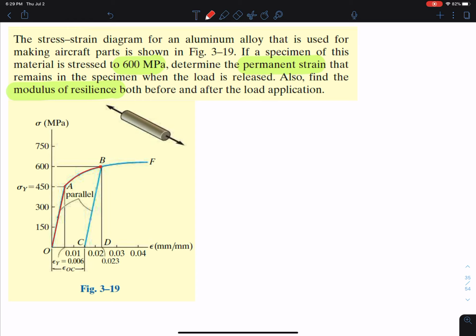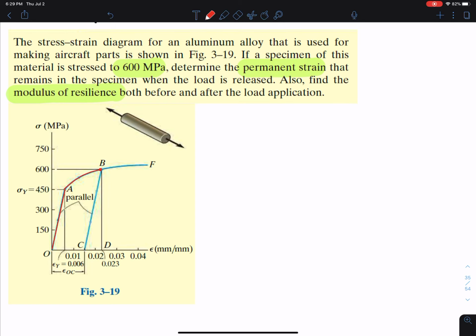The first thing we can do is see that at 600, it's already telling us, but in test problems or other problems it might not tell us, so we have to guesstimate here. It's telling us that at 600 we have a strain value of 0.023 millimeters per millimeter.